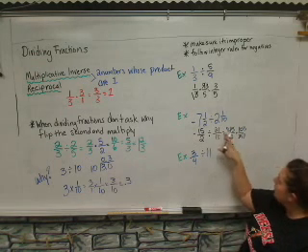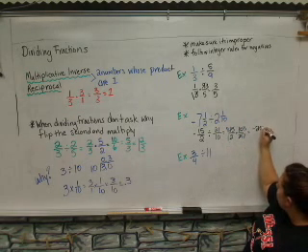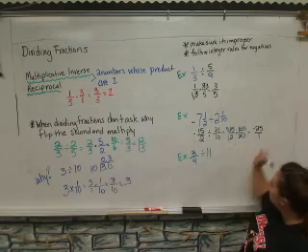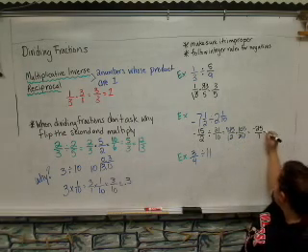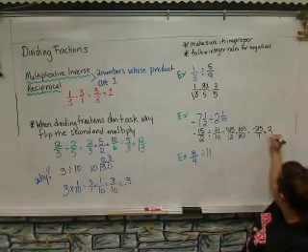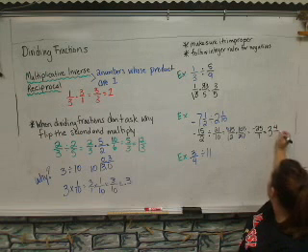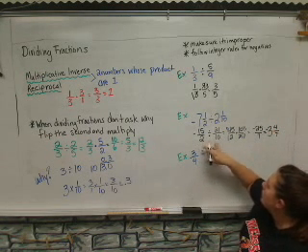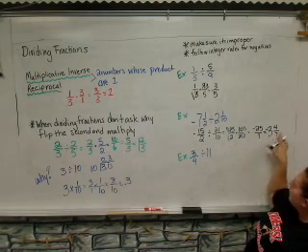So the top is now negative 5 times 5, which is negative 25, and the bottom is 1 times 7, which is 7. We need to make this a proper fraction or a mixed number. 7 goes into 25 3 times with 4 left over. My answer is going to be negative, because we had a negative divided by a positive, which are different signs, so it's negative 3 and 4/7.